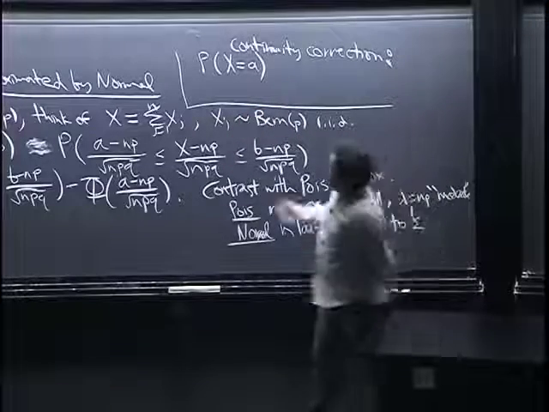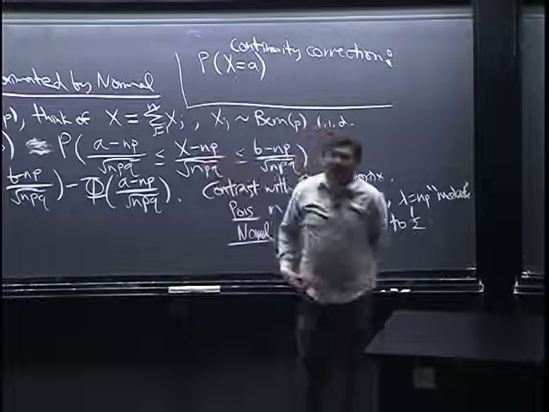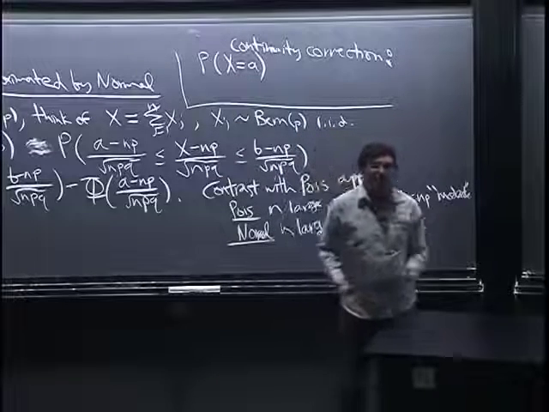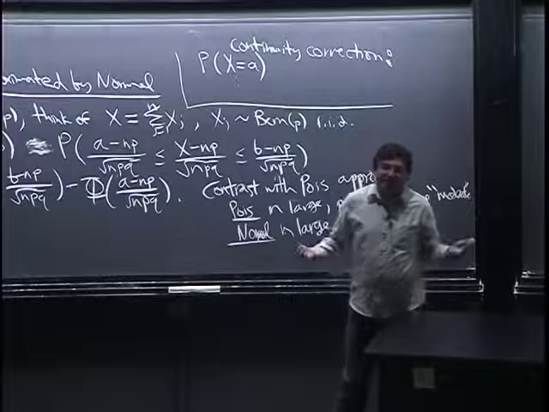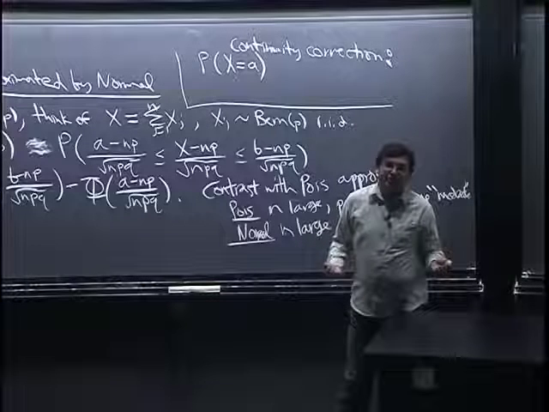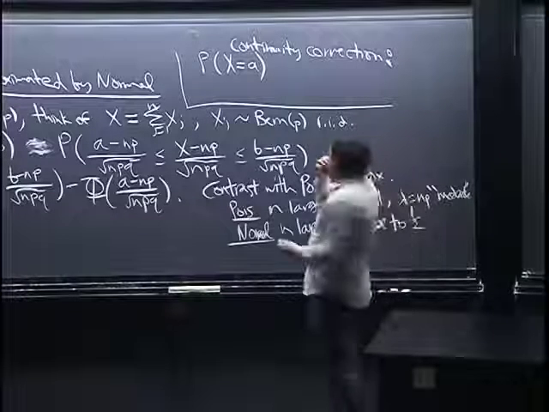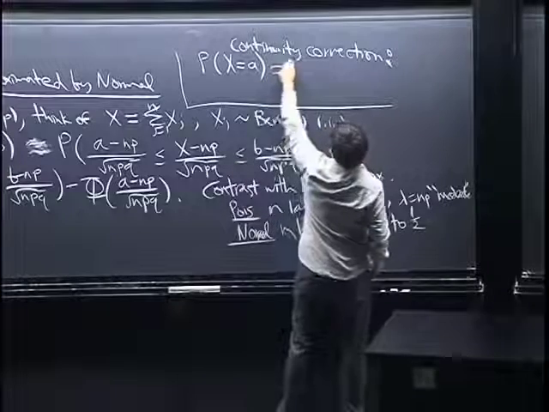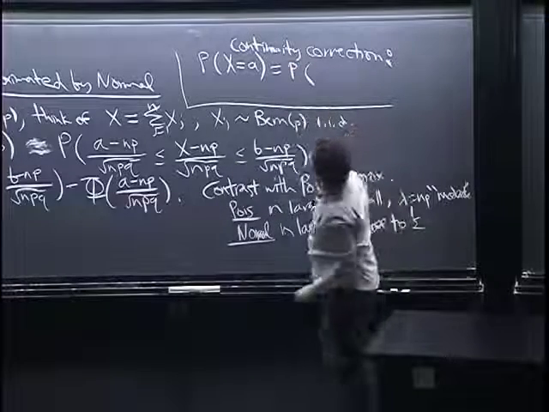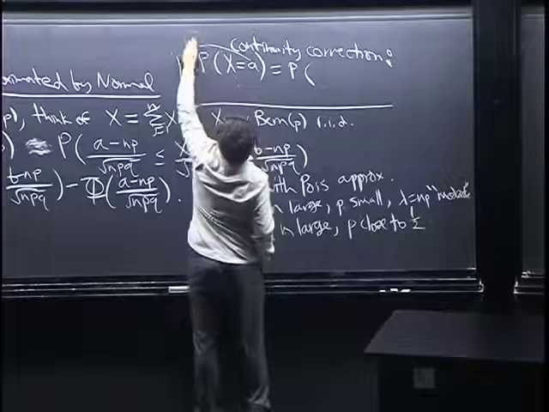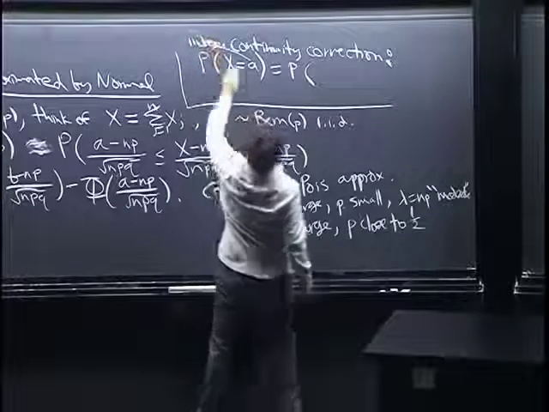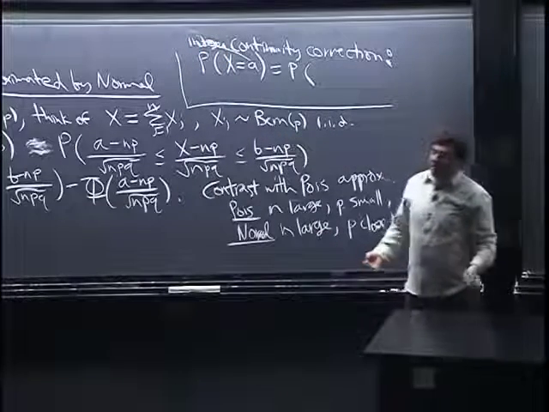The idea is that if you just said this is approximately normal, then you would just say 0, right? Because it would be 0 for continuous. That's not very useful. We want something more useful than 0. So the idea is simply to write this as, where let's assume a is an integer. X is discrete.